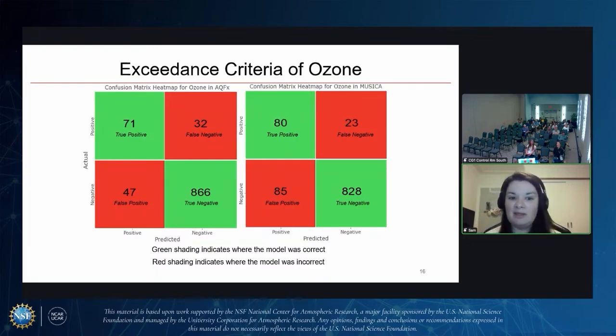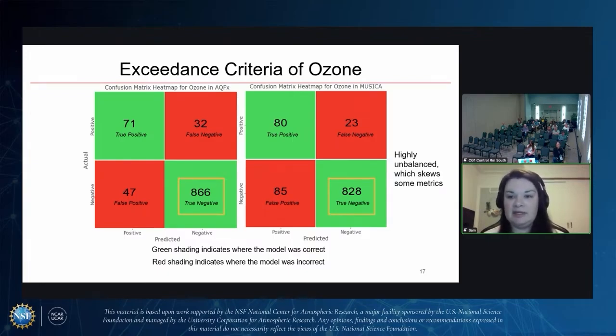So we determine when the model got it correct in that there was an exceedance event, when it was incorrect as to when there was not an exceedance event, and take that and make a confusion matrix. And here I've just represented AQFX on screen left and Musica on screen right, with the green squares indicating when the model made a correct prediction, and the red is when the model made an incorrect prediction.